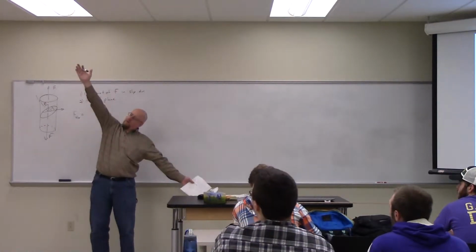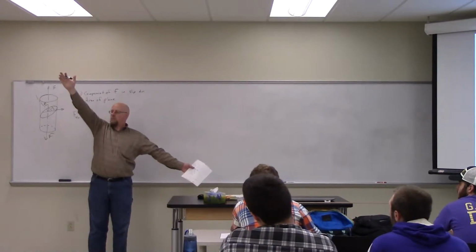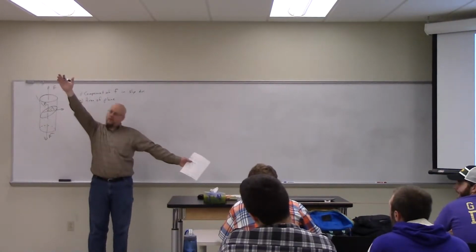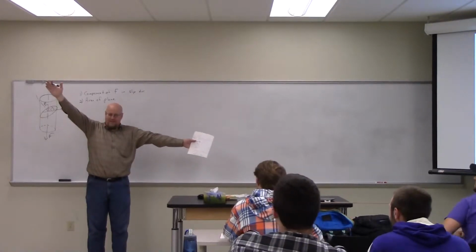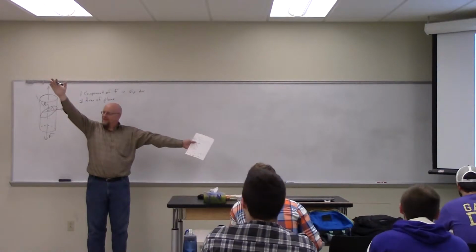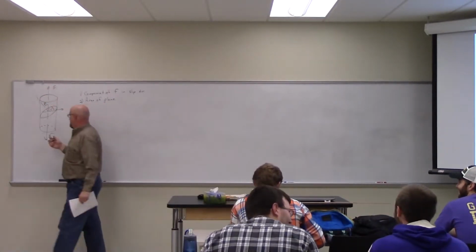The way I've drawn it, it looks like they're perpendicular, but my head is not in the plane. So this is phi, and this is lambda. You follow me now?